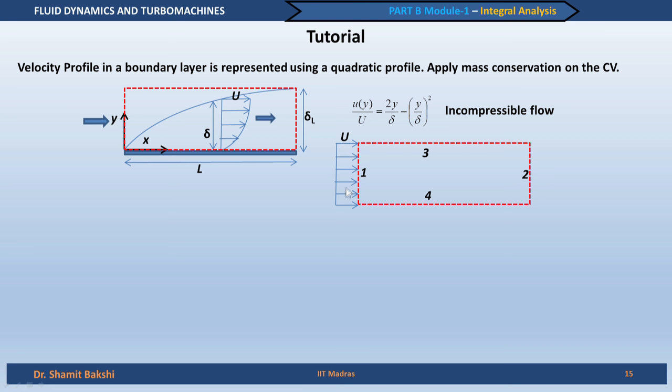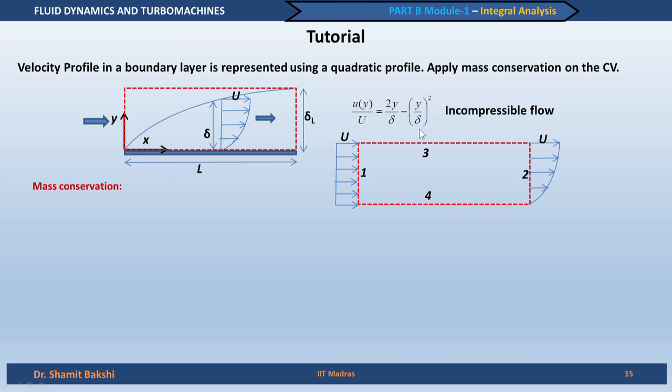If we move along the surface, the velocity is constant, the same as capital U. On the right hand side, we have a velocity which is not constant along this control surface, it is changing. So, we have to utilize the integral form here. At the inlet it is uniform, at the outlet it is the boundary layer profile as given by this equation.